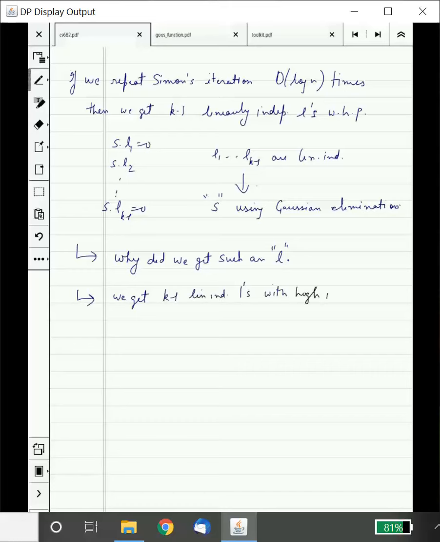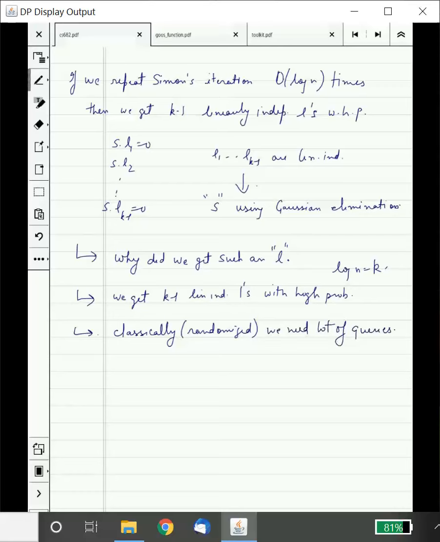Remember, log n is equal to k. And the last part is, classically, in the randomized sense, we need a lot of queries. That will finish our discussion of Simon's algorithm.